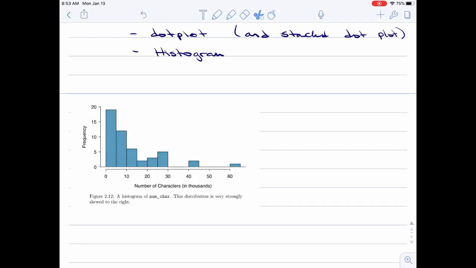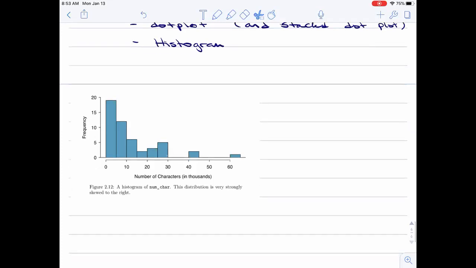And you can usually figure out what the bins are because it will have little cutoffs, right? Starting at 0, there's a tick, and then 10. So I'm just assuming it's at 5. So this is a histogram.